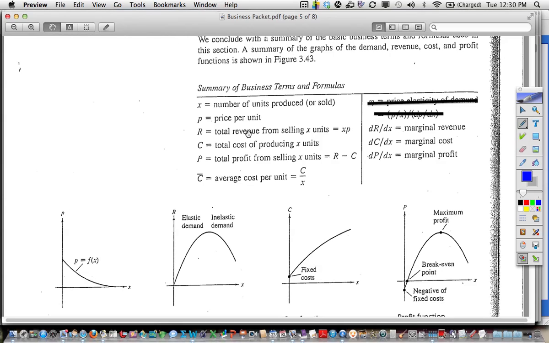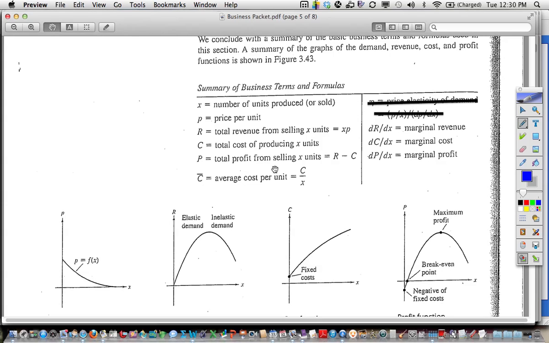High demand, you can charge more, okay, for the product. So you take P, the price, times how many units you have, okay, and that's your revenue. And then your cost is, your cost. Usually in the problem it tells you the various things that contribute to the cost.